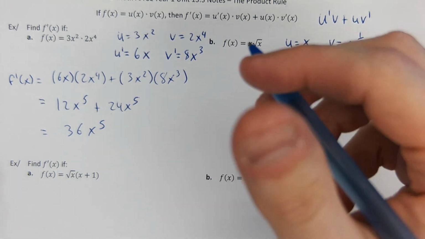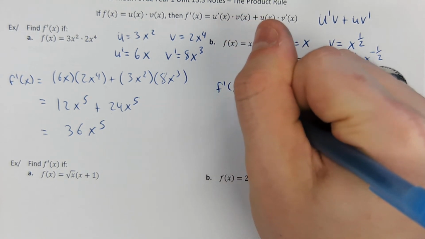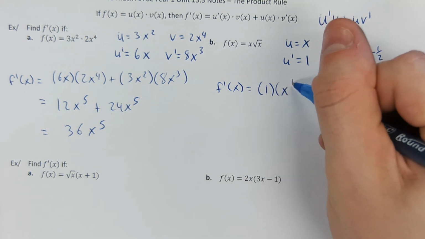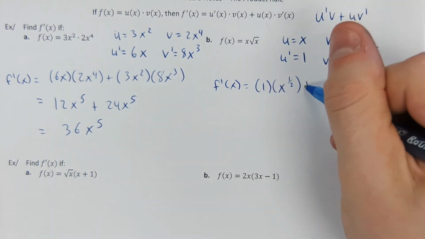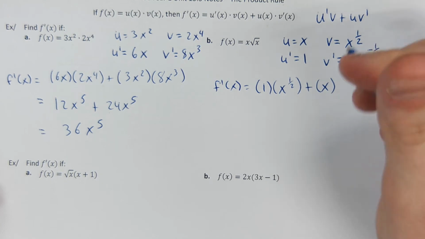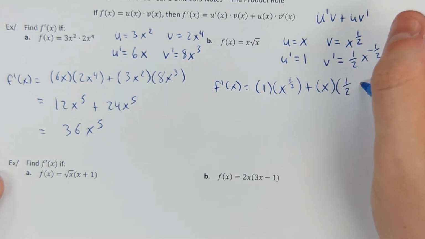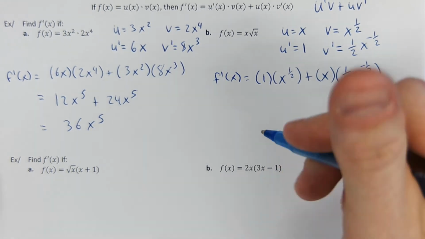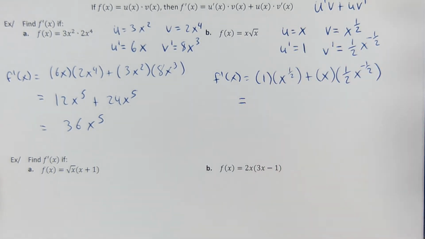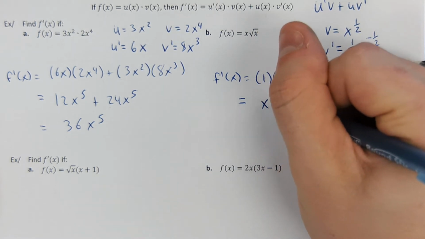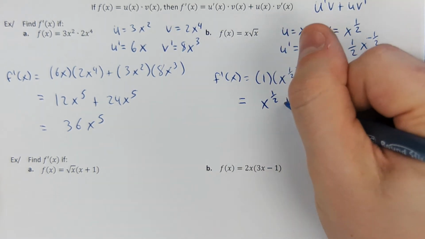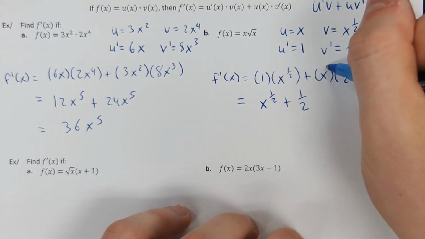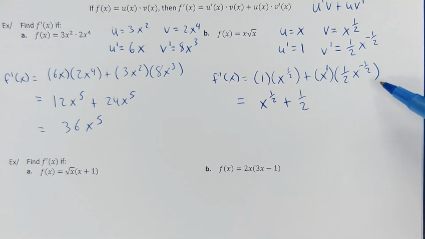F prime of x equals u prime v plus u v prime. And clean it up. Okay, well that's just x to the 1/2 plus 1/2. This is x to the first. And I'm multiplying x to the first to x to the negative 1/2.